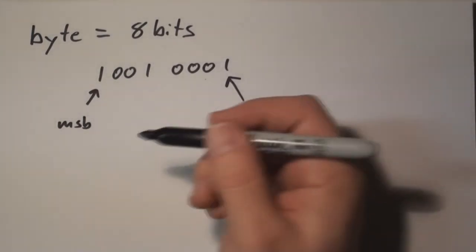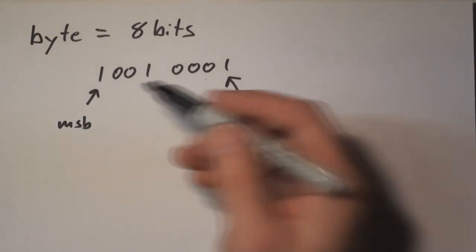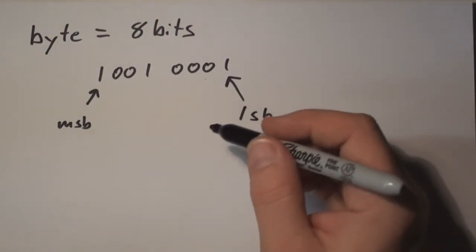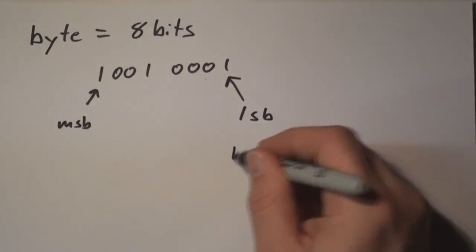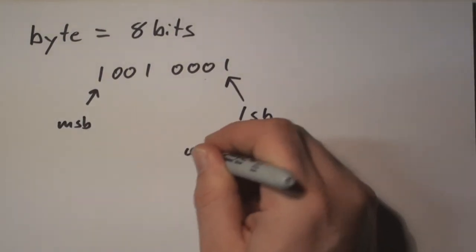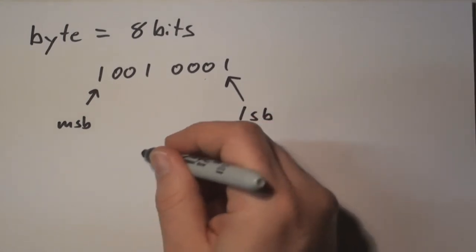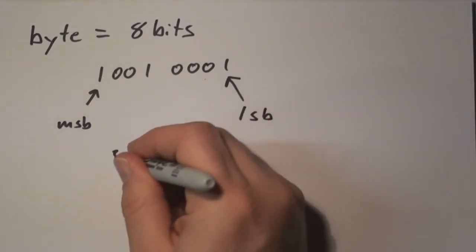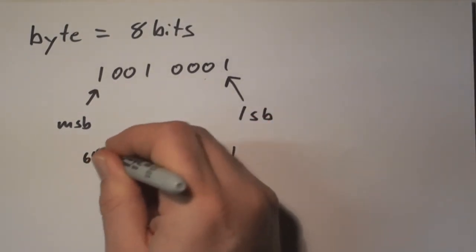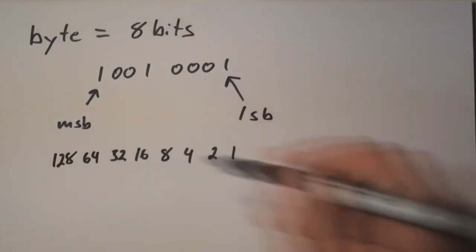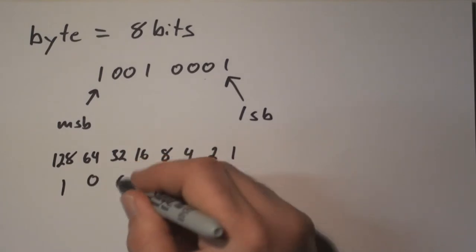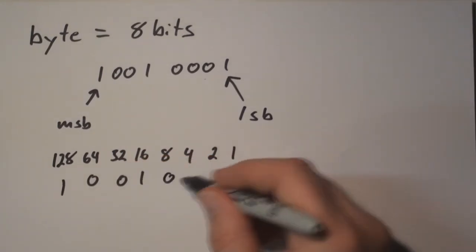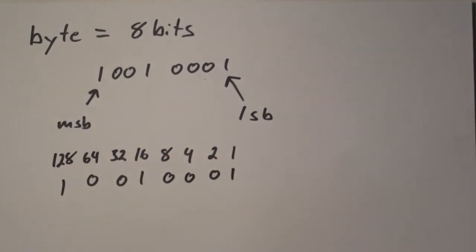Again, this is a binary number, so it is weighted power of 2 columns. And the weights of the columns are 1, 2, 4, 8, 16, 32, 64, and 128. And if we just write the binary number below these column weights, we can multiply the column weight times the binary digit, the bit.